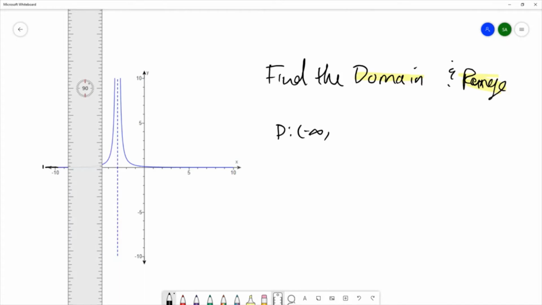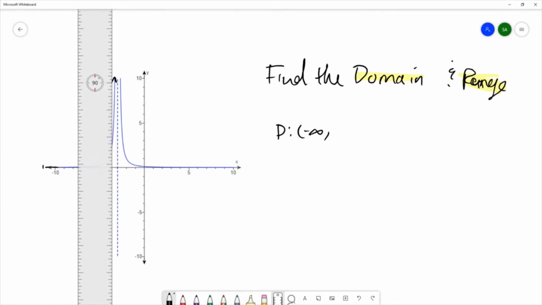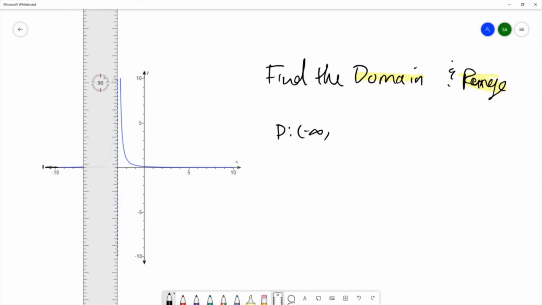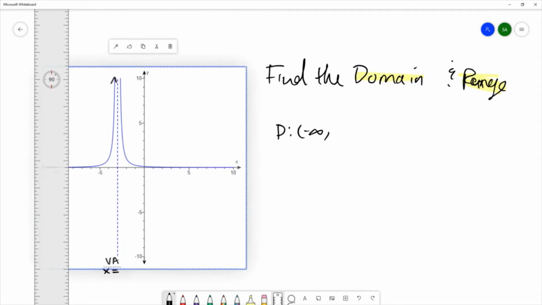We're assuming that this line continues on forever as well. So once we get to this dashed line here, that vertical dashed line is an indication of a vertical asymptote. So it looks like this example has a vertical asymptote at x equals -3.